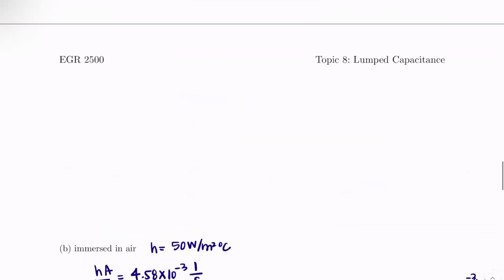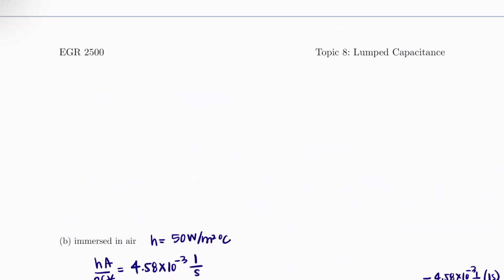Okay. And actually, I'm going to use this space right above here to make a comment. So we noted this before, but HA over rho CV, so this constant out front, has units of 1 over time. All right, so that means that we can use this to define a thermal time constant.